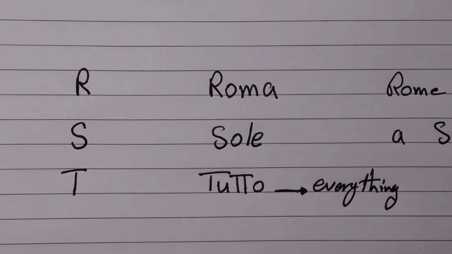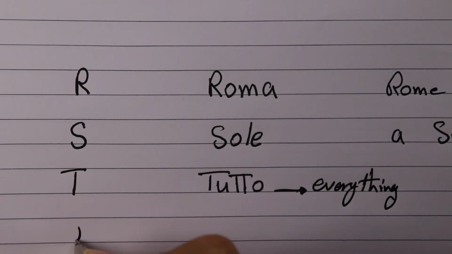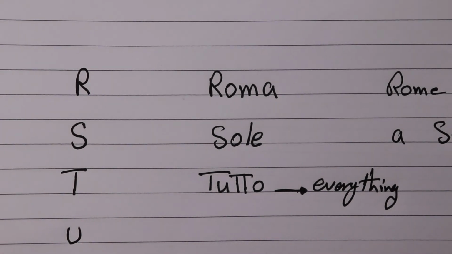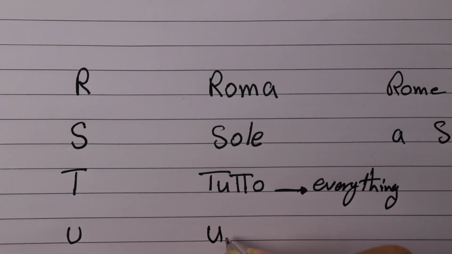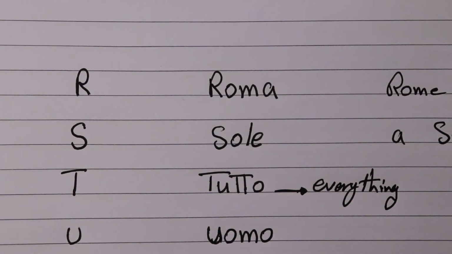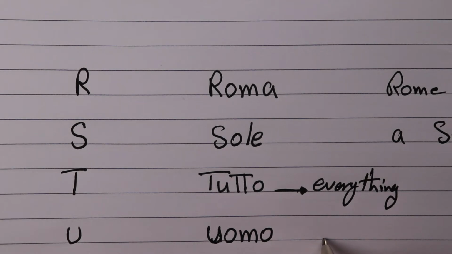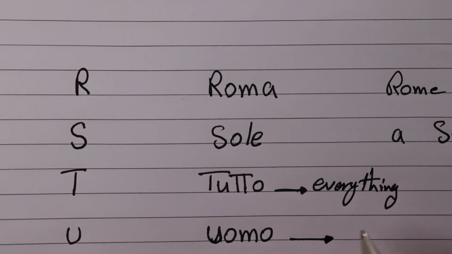Tutto or tutte? And next one is U, like uomo, and uomo means a man.